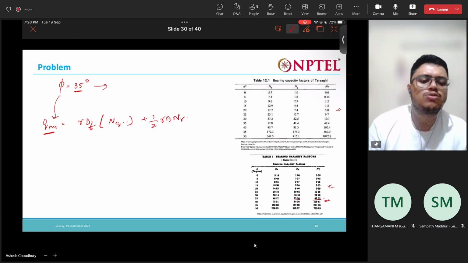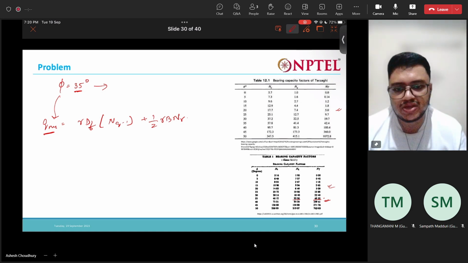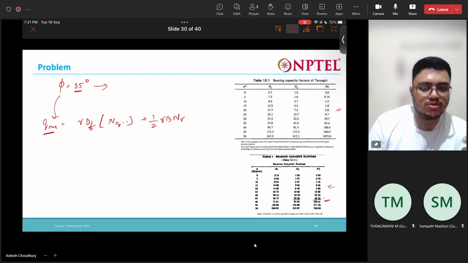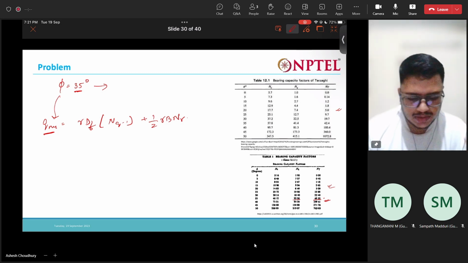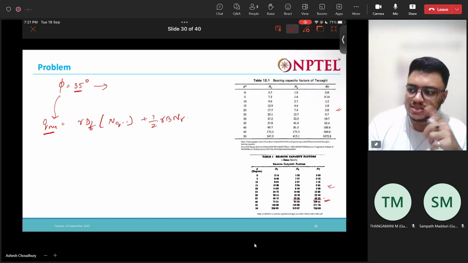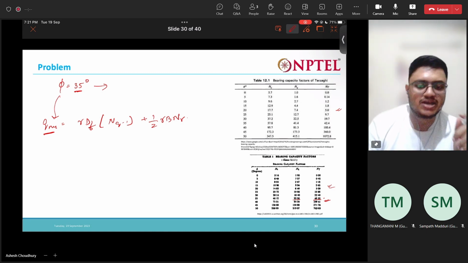So there is nothing to worry about in the examination. Obviously, you will be provided with the Nq and N gamma values in the question itself. Nevertheless, I thought it's important to tell you that in the solution that was given, they took the wrong bearing capacity factors.